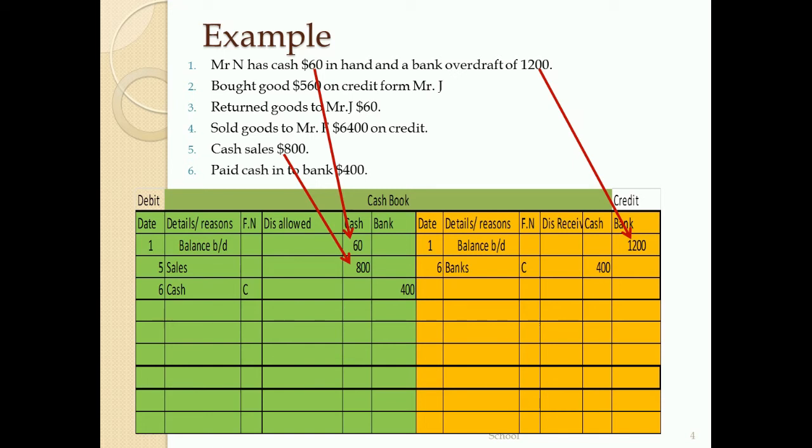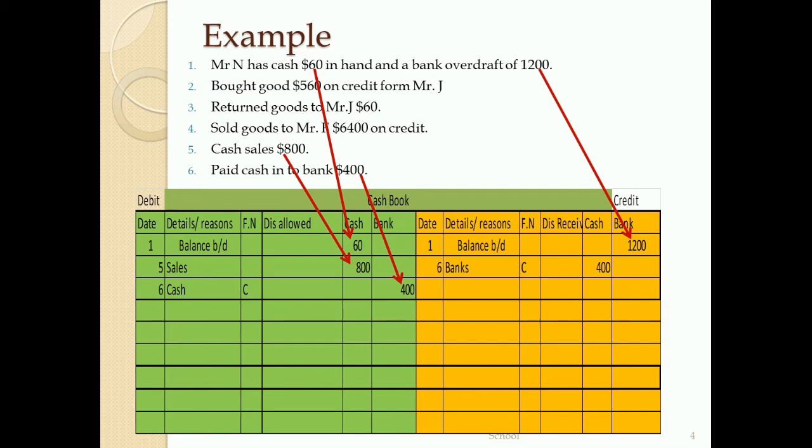And sixth entry has two facts over here. Your cash is decreasing, so you have to record the decrease in your cash column, and your bank is increasing, so you have to record it on the debit side of the bank. The reason why it is increasing is because of cash.